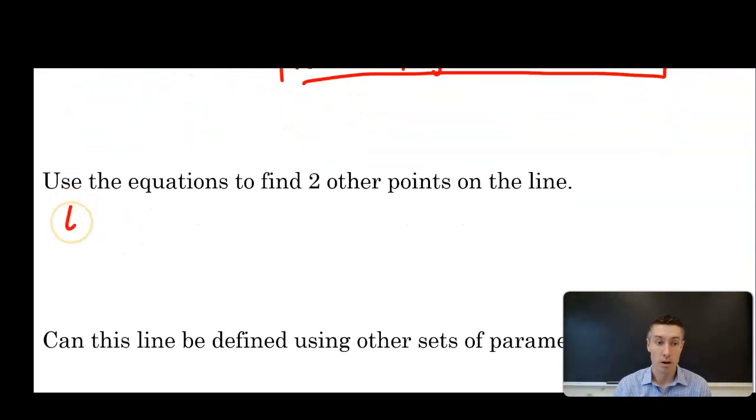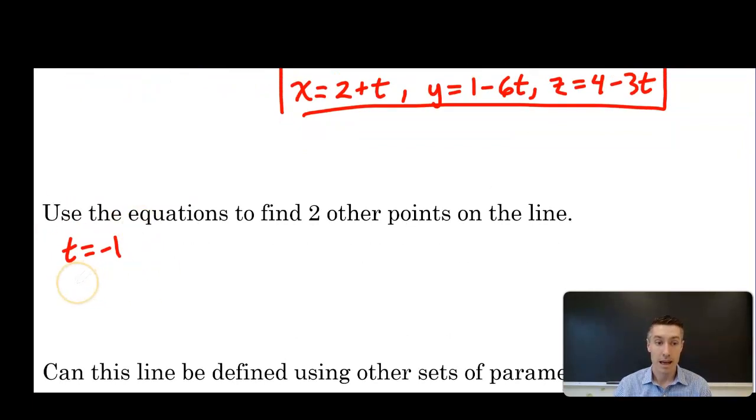So let's go t equals -1 to start. So that means that the point would be 2 minus 1, so 1. 1 plus 6 now would be 7, and 4 plus 3 would be 7.